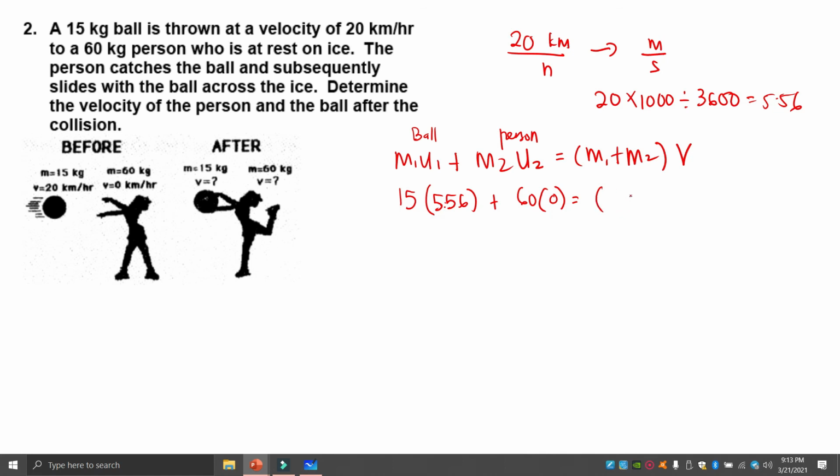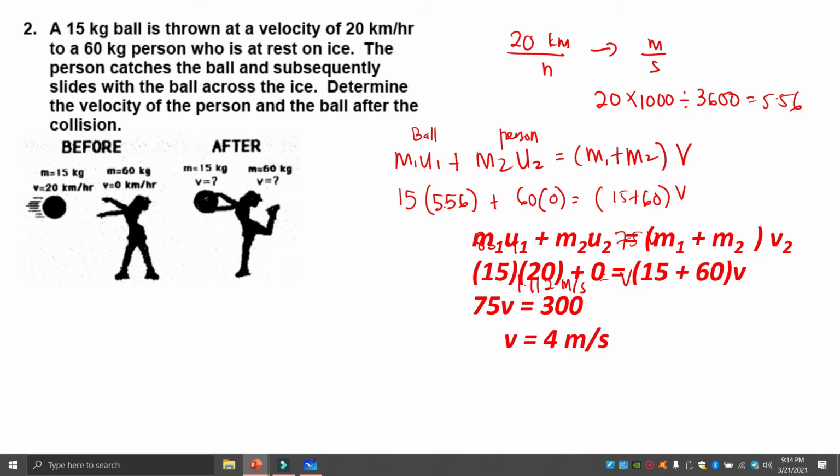So m1 plus m2, 15 plus 60, and then you have to find v here. So 15 times 5.56 gives 83.4. This one is 0, no need. So 75v. You just divide by 75, you will get 1.112 meter per second.